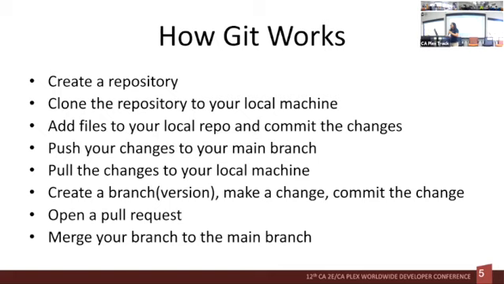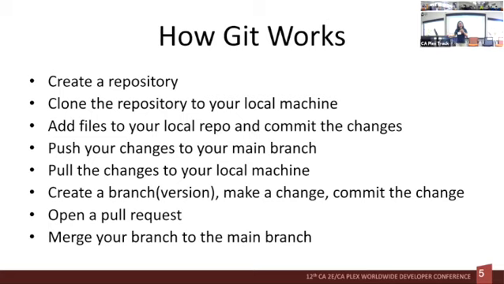And then you add the files to your local repository and then commit the changes. Now, when you commit the changes, that just means that you tell your local repository, this is the version that I want to keep. So it won't affect the remote repository, which could be on GitHub or any other remote repository, until you push the changes from your local to the remote one.